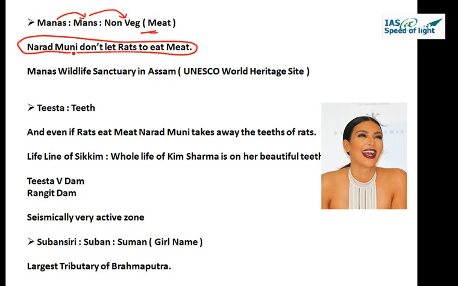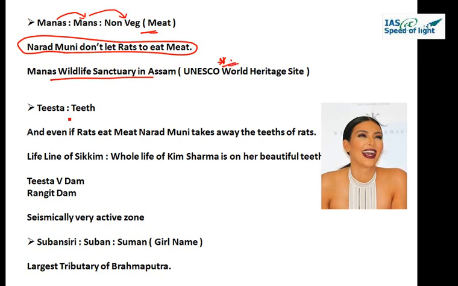He doesn't like eating non-veg, and he doesn't want people and even animals to eat non-veg. So whenever he sees a rat eating meat, he doesn't allow it. So this is Narad Muni and rats and Mans, the meat, we are fixing together. So right bank tributary Manas, and we have already remembered Manas Wildlife Sanctuary, which is also a UNESCO World Heritage Centre. We have done that.